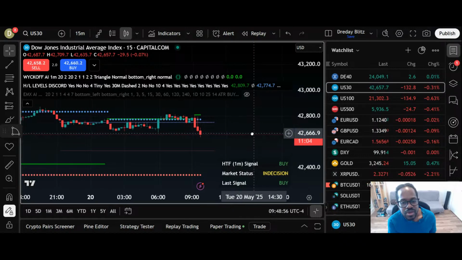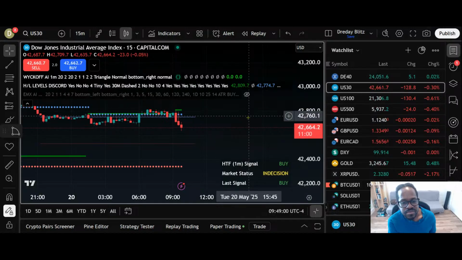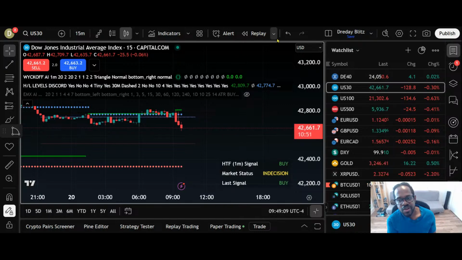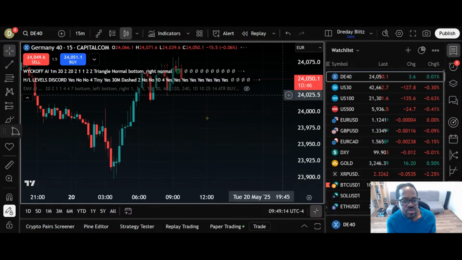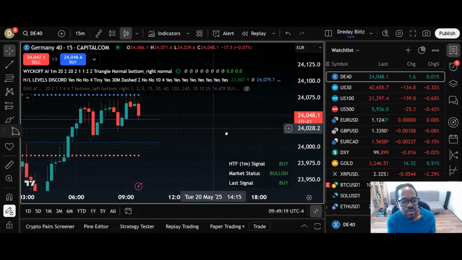We're also gonna have a new 4-hour candle that we created here at the close of this 15-minute candle. So we'll see if we're gonna have a continuation or not. German, yeah. German started to reverse right now.